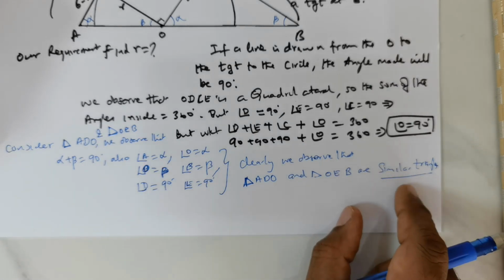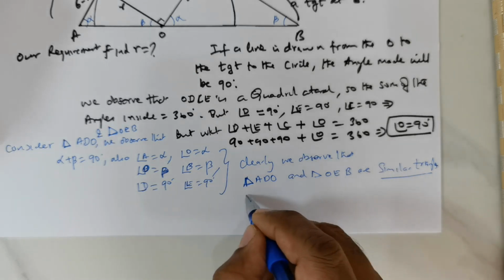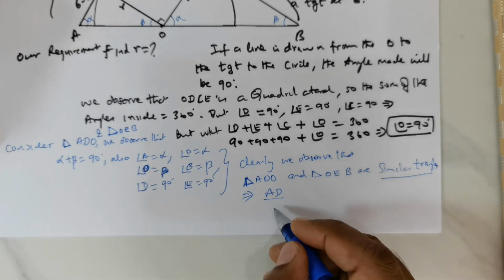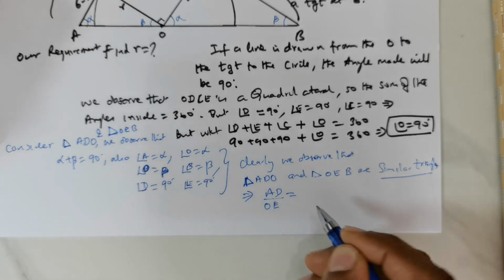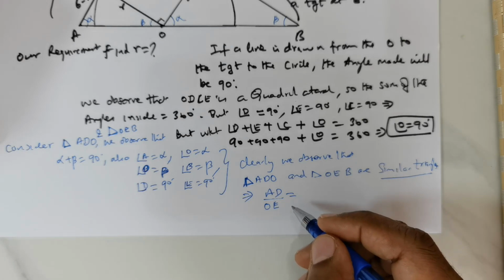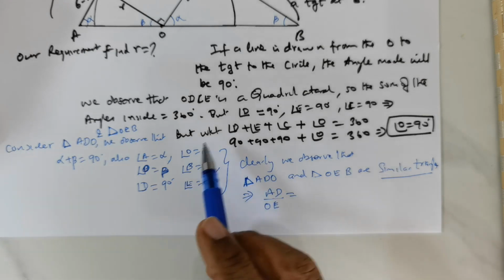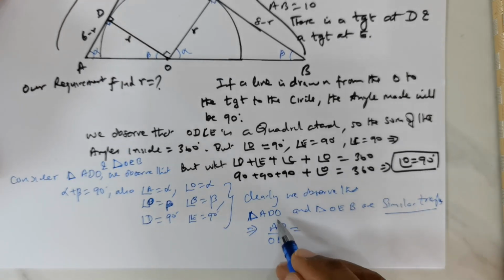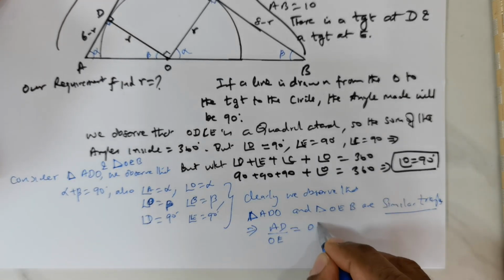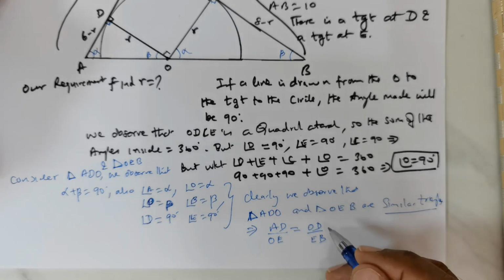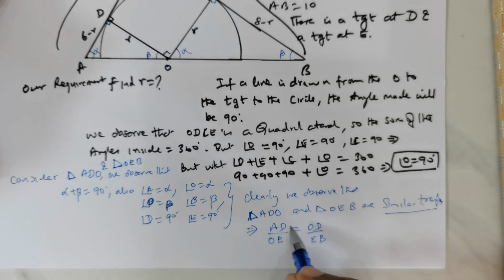Now if these are similar triangles, then this means AD over OE is equal to OD over EB. Of course, you can also get another ratio, but it's enough for me that I use this ratio.